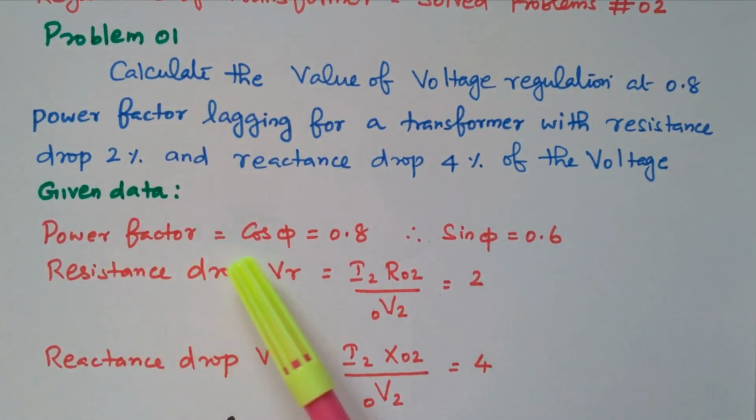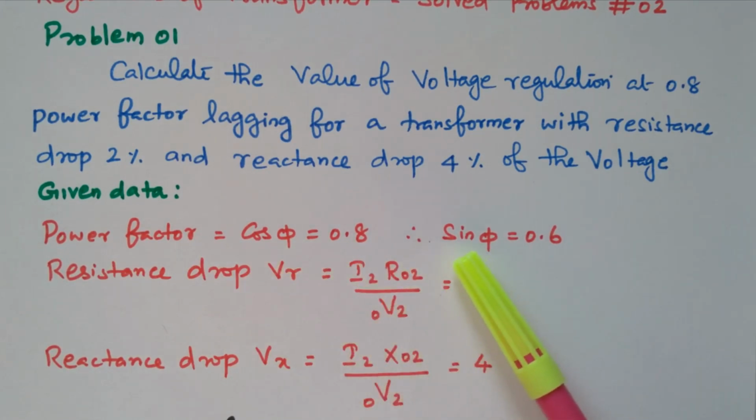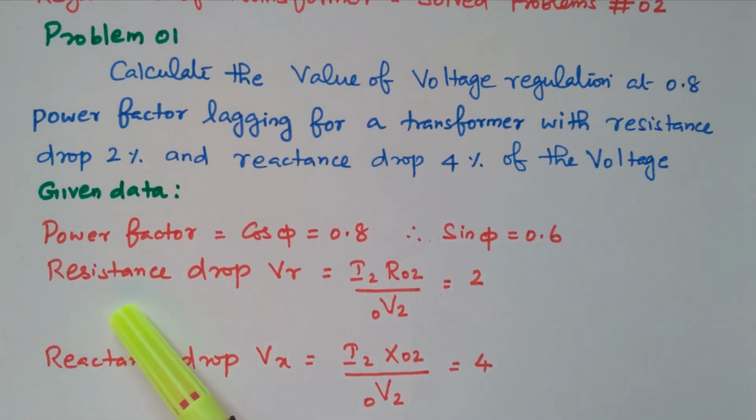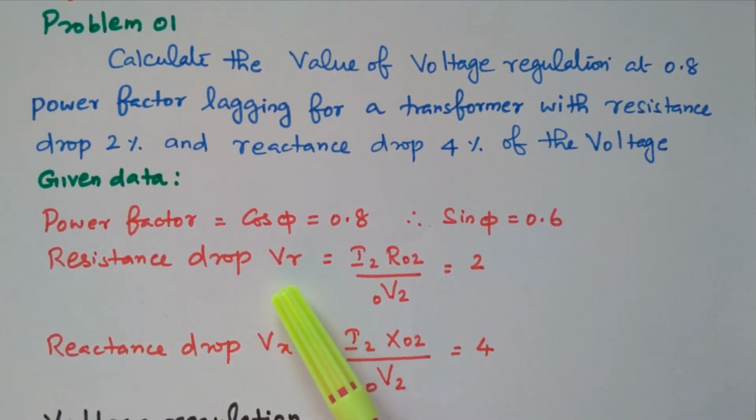The power factor cos phi equal to 0.8. If cos phi is 0.8, automatically we can write sin phi equal to 0.6. The resistance drop is denoted by VR.